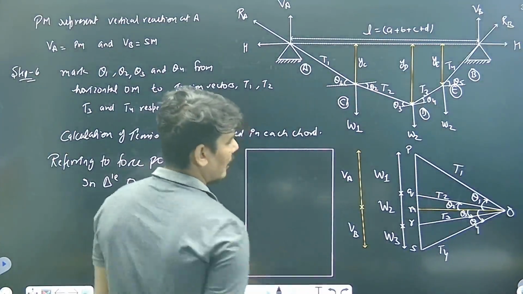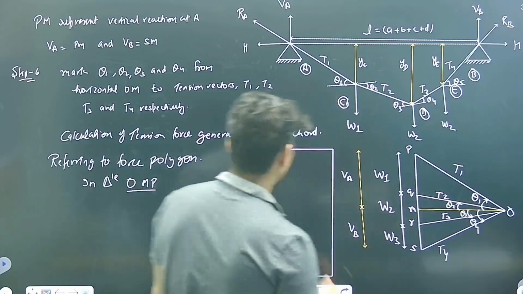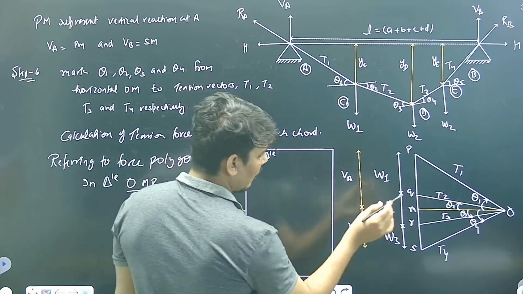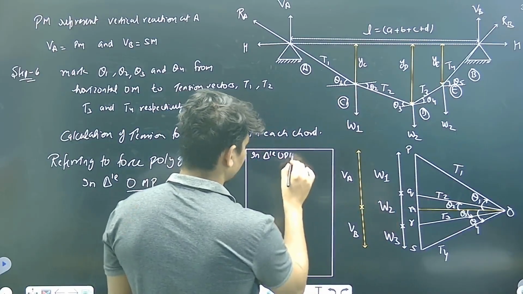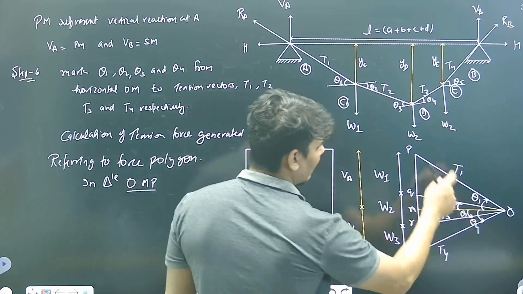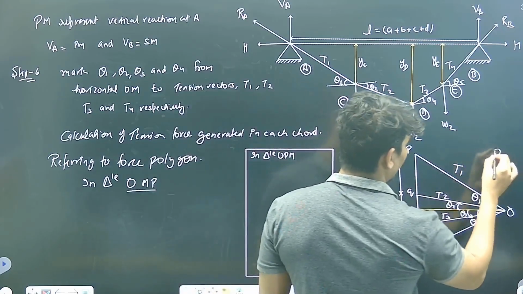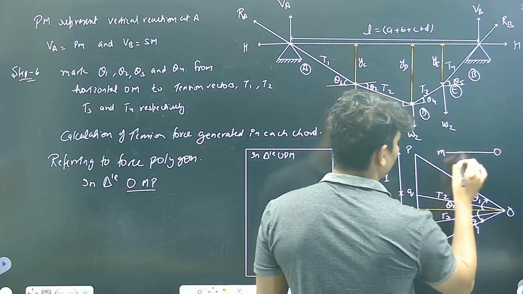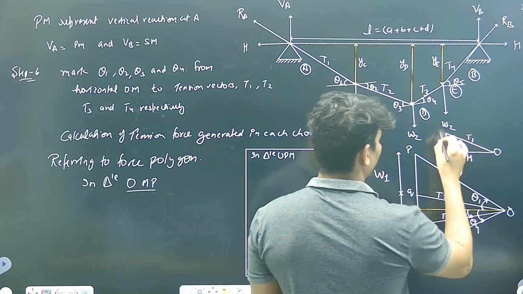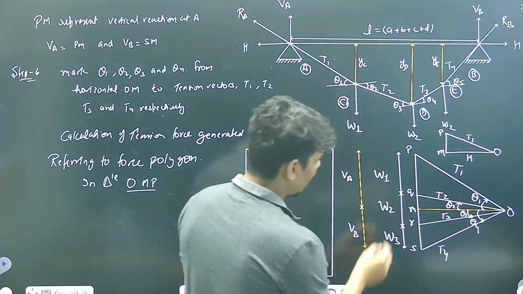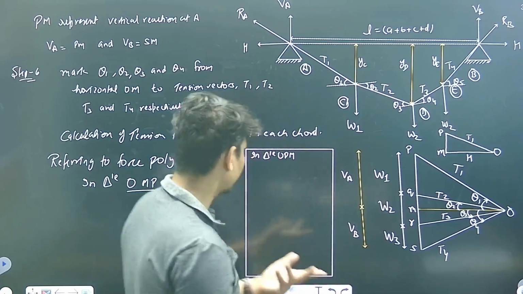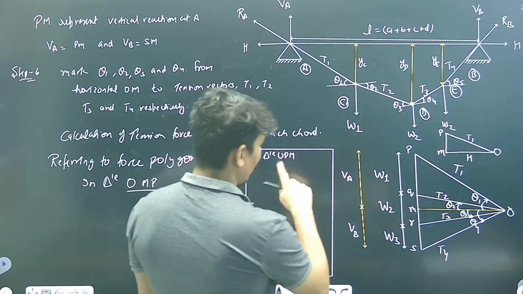Theta 1 कैसे निकलेगा, फिर से देखिए in triangle OPM. इसको अलग से बनाता हूँ छोटा सा, ये O है, ये M है, ये value है horizontal thrust, और O से ये चला गया T1, और ये है P. PM की value पता है, PM तो VA है. In triangle OPM, tan theta क्या हो जाएगा?